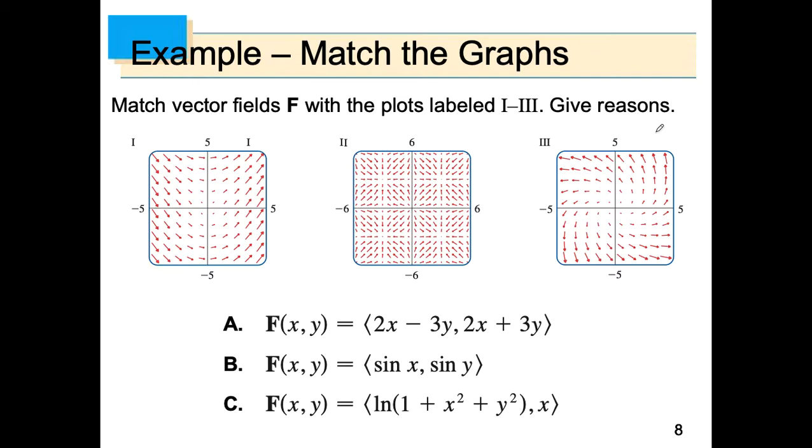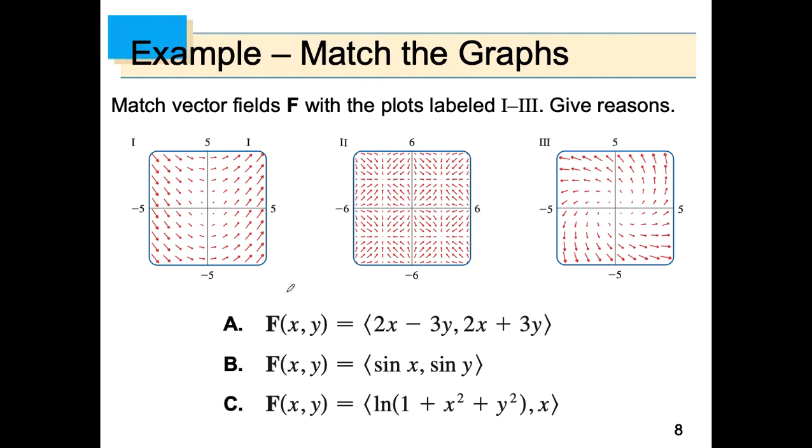So let's go ahead and look at what we have here. The question asks us to match the vector fields with the plots and then give reasons. And I'm just going to talk about this with you. I'm not really going to go into too much detail.